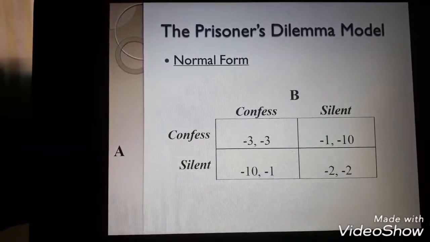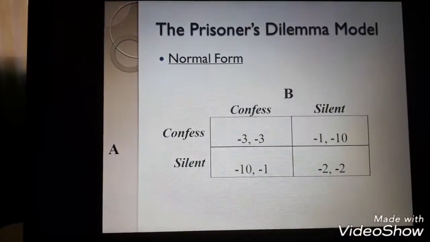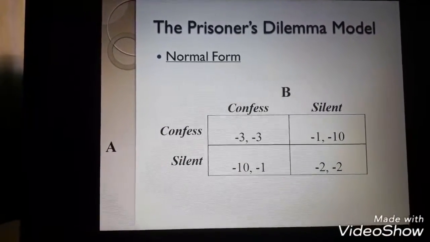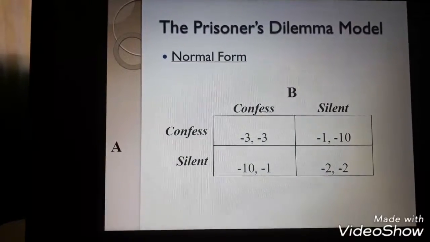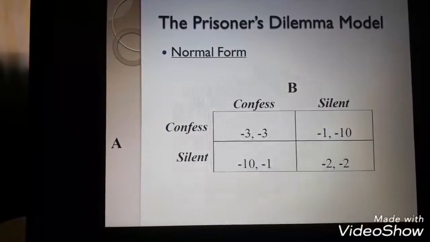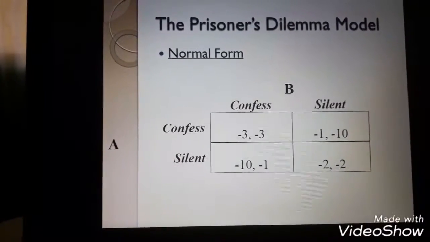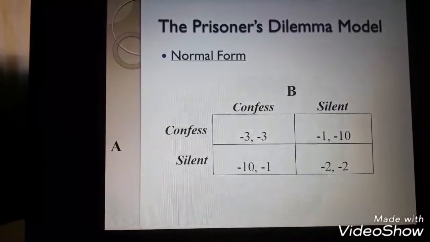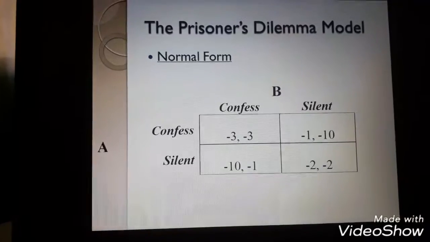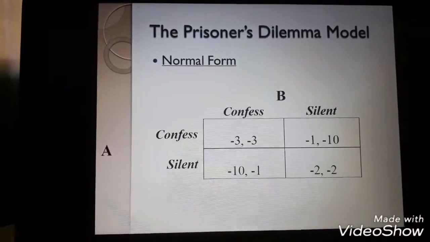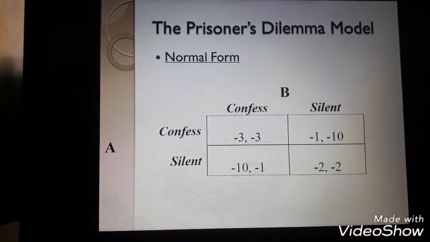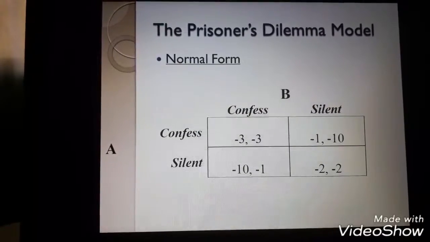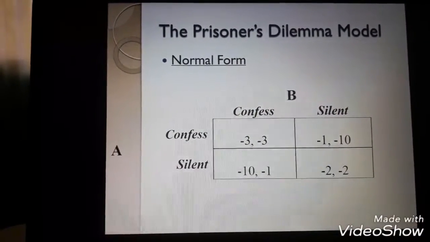As you can see in the cells, the numbers on the left of the commas correspond to prisoner A's decision to confess or stay silent, while the numbers on the right side of the commas correspond to prisoner B's decision to confess or stay silent. I guess, in a way, the normal form is much easier for people looking at the game to identify what is the best strategy for players to take.